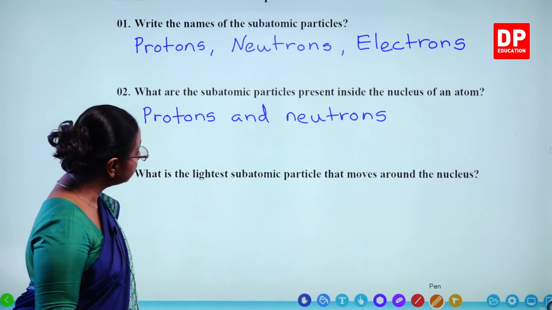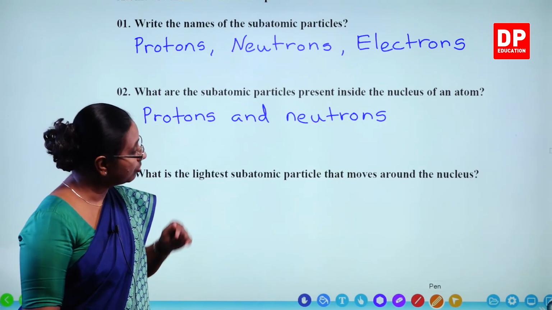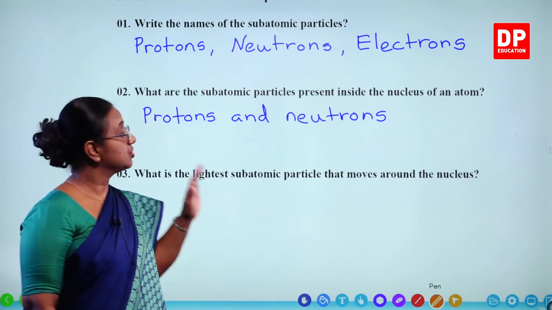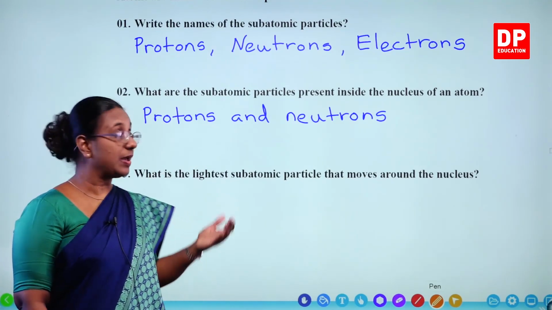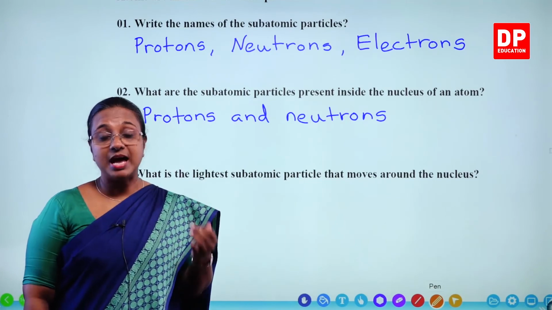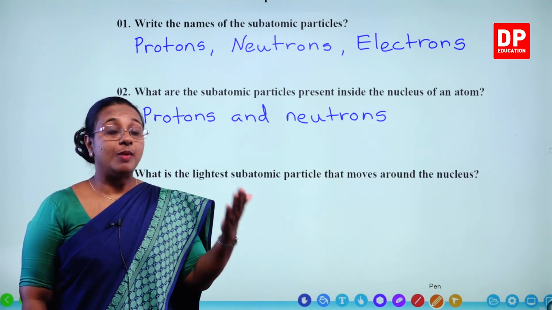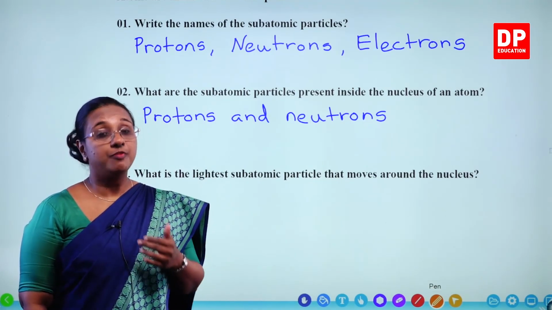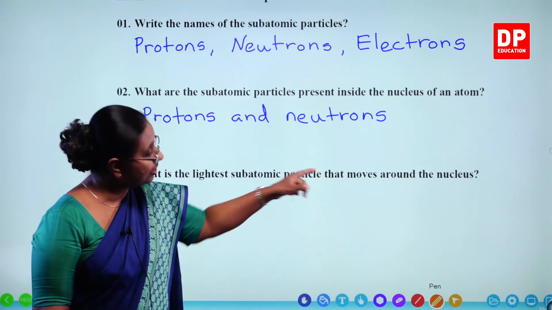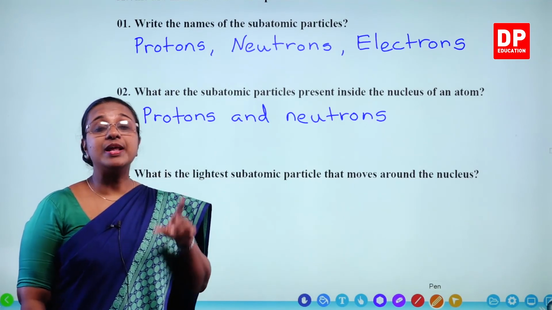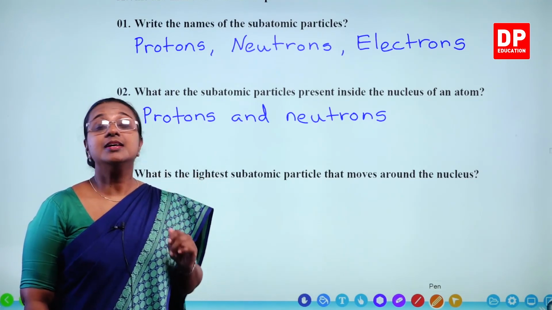What is the lightest subatomic particle that moves around the nucleus? So you all know electrons are the lightest particles because compared to protons and neutrons, their mass is very, very less, 1 over 1840. So that means they are the lightest subatomic particles, and also you all know they move around the nucleus in the space.